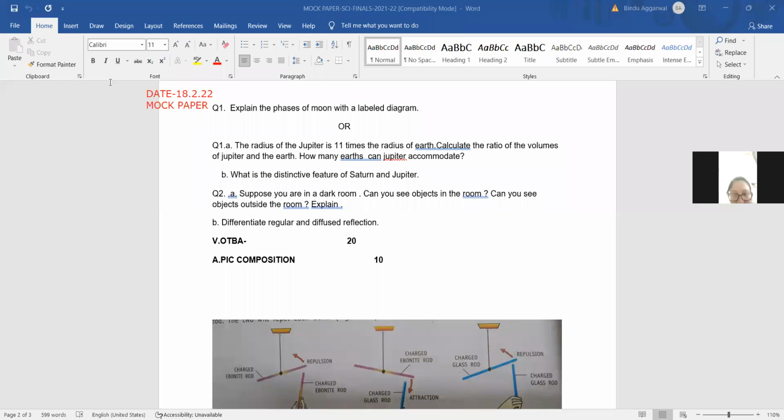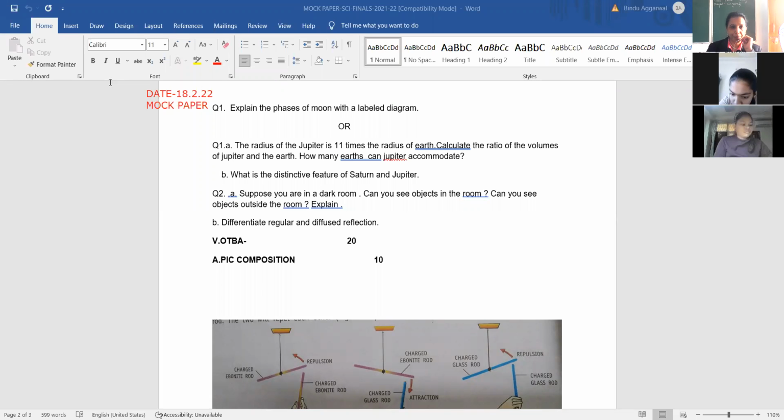It's 4/3 pi r cube. So write down: volume of a sphere is equal to 4/3 pi r cube. In this way, you can find the volume of Earth and the volume of Jupiter.